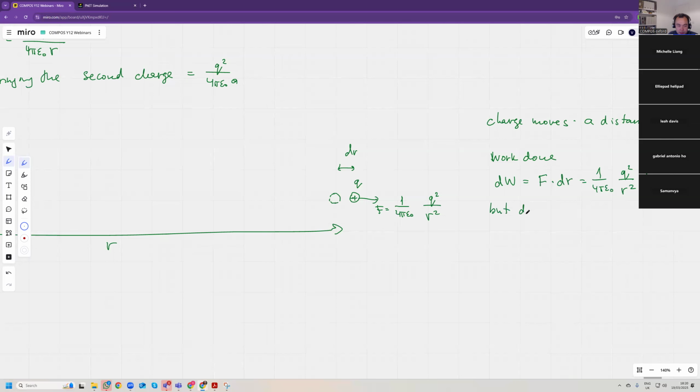It's negative because R is decreasing. If we move closer, R is decreasing. Obviously, the work is positive because we're pushing against the force, so we just have to put a minus in here.